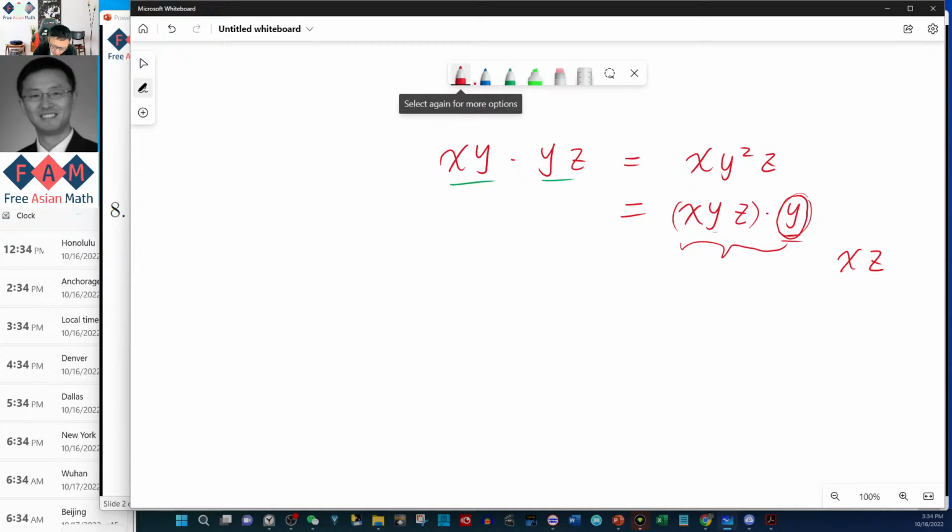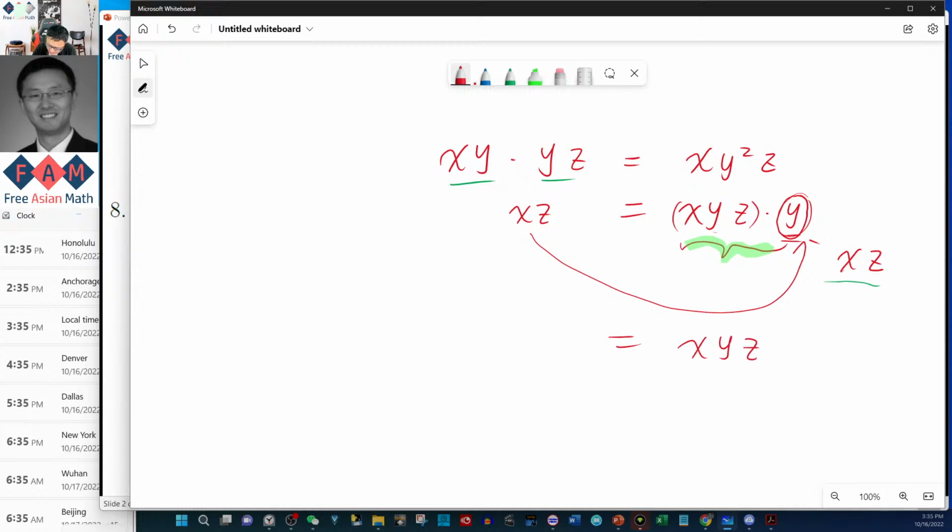There's still 1 more, which is xz, that we have not used yet. So if we multiply this intermediate result, xyz times y, with the actual xz right here, then what happens? We will get 2 copies of xyz, and that is xyz squared.